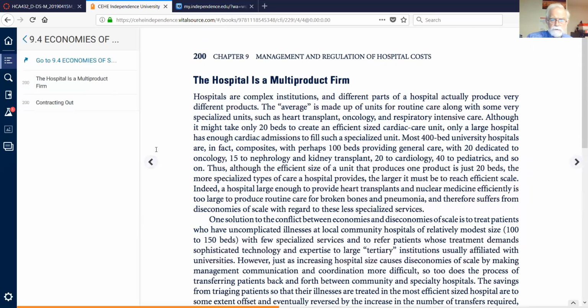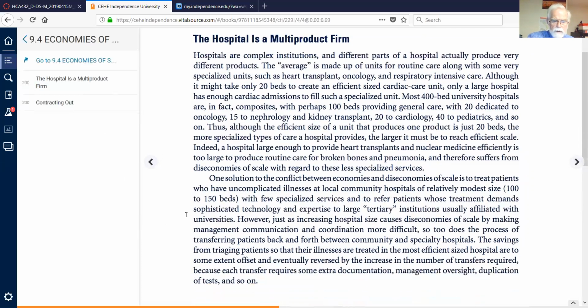So we deal with some of these in a lot of different ways. This paragraph has some interesting things. Most 400-bed university hospitals have perhaps 100 beds general care, and then we have all the specialty stuff.